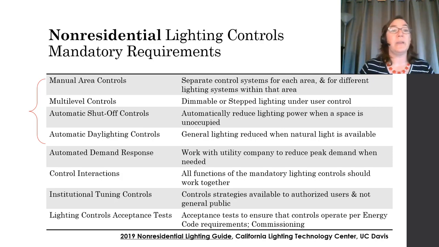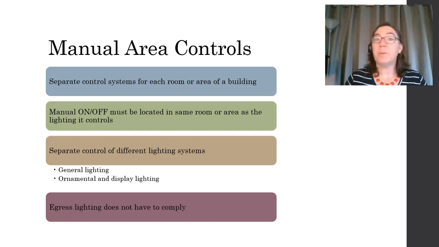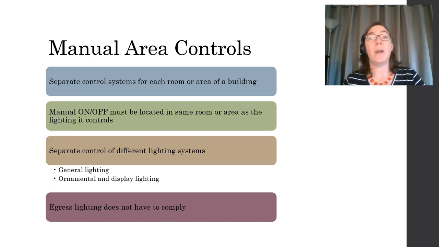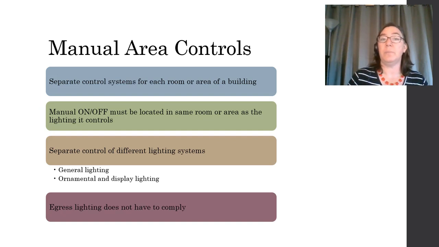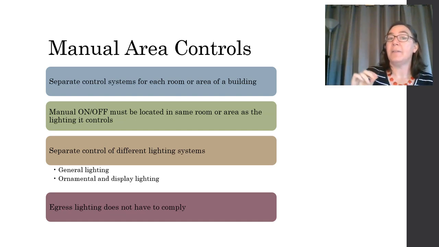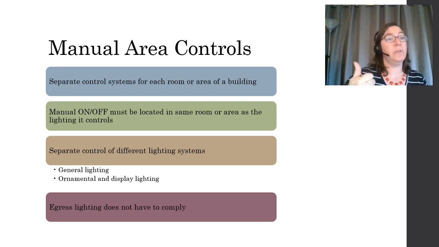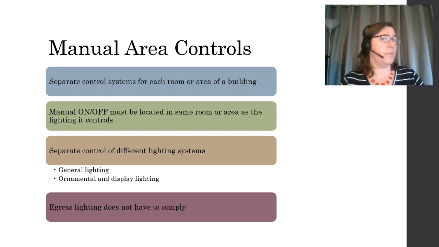Let's dig a little deeper into the first one, which was manual area controls. This one's pretty easy to understand. It's required that you have separate control systems for each room or area of a building. All right, and that control system has to include a manual on and off. This is very much like the residential, okay?